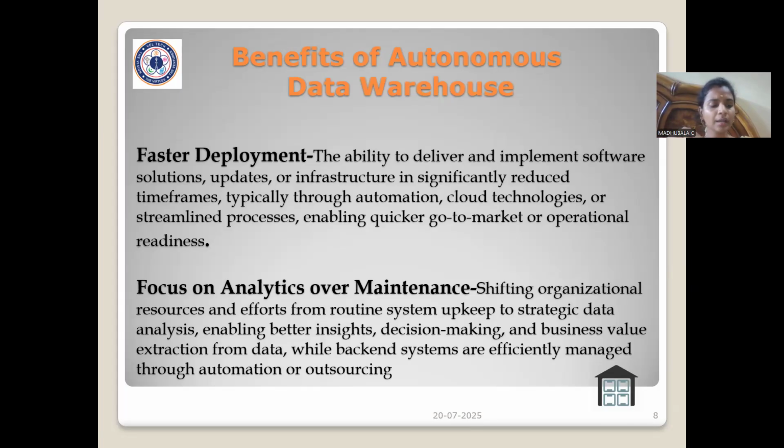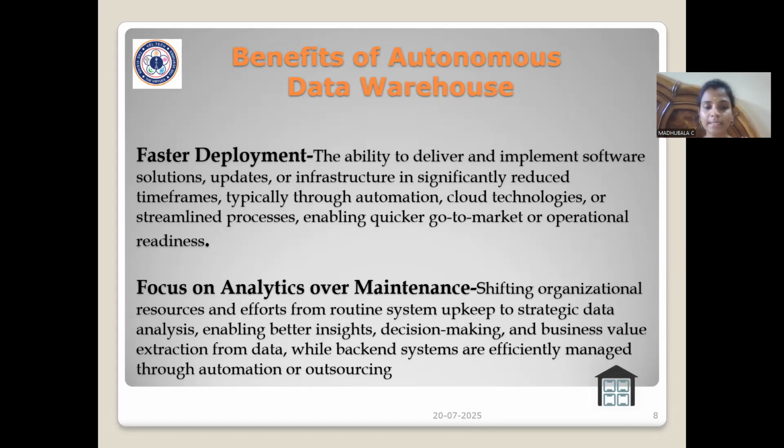It is also known as an enterprise data warehouse, a system used for reporting and analysis and a core component of business intelligence. Data warehouses are central repositories of data integrated from disparate sources. Faster deployment happens through automation; it won't require a manual process.